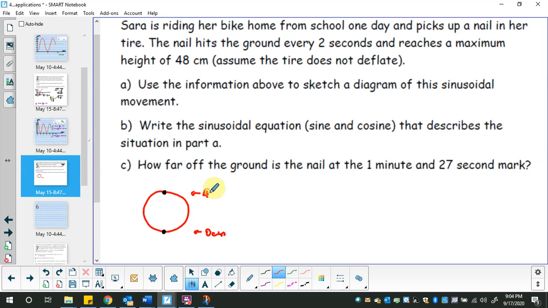And the maximum is 48 centimeters. So you should be able to figure out the middle by looking at it or by doing that math.